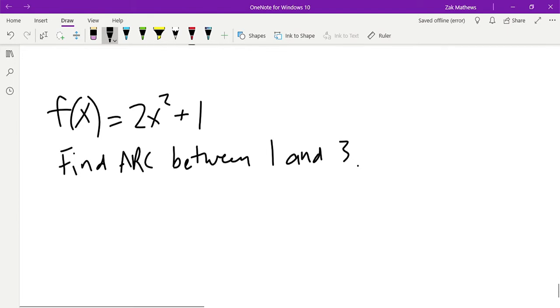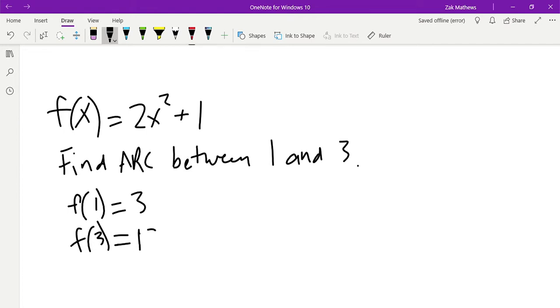So I need to start by finding those f of x values at 1 and 3. I'm going to look at f of 1. I'm going to look at f of 3. So of course we just plug those in. For f of 1 we'd have 2 times 1 squared, which is 2, plus 1 will give me 3. Then for f of 3 we'd have 3 squared, 9, times 2 is 18, plus 1 is 19.